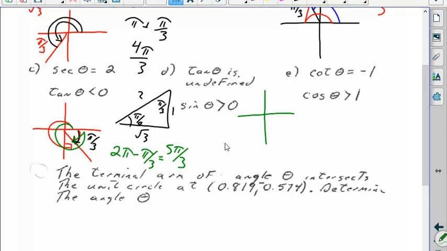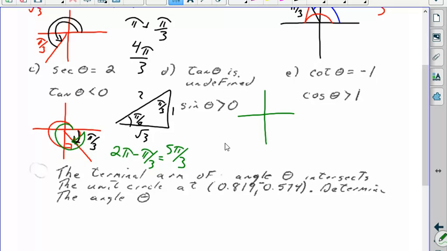Now, the next one, sine is less than 0 and tangent is undefined. Well, which two quadrants, Sean, is sine less than 0? So we're looking down here.